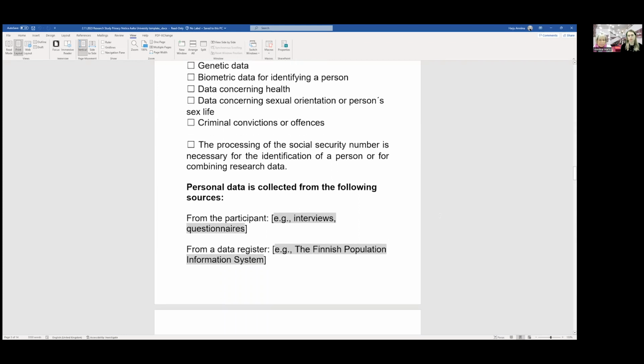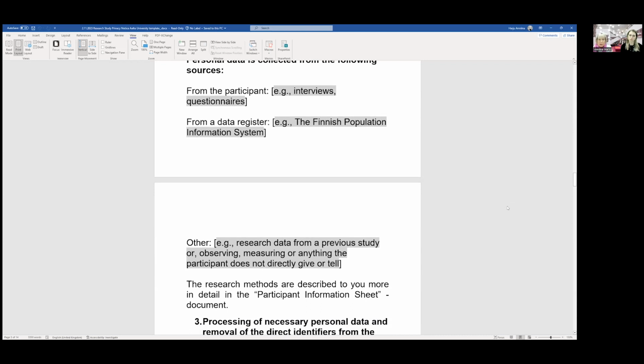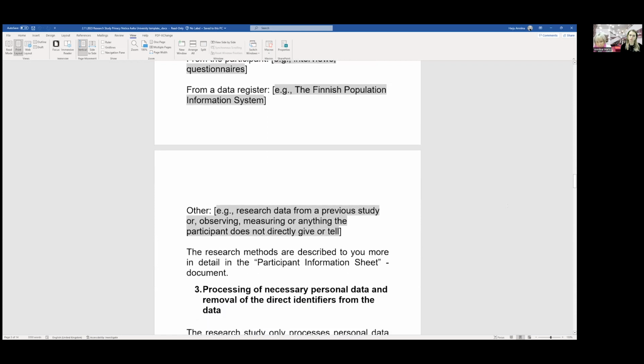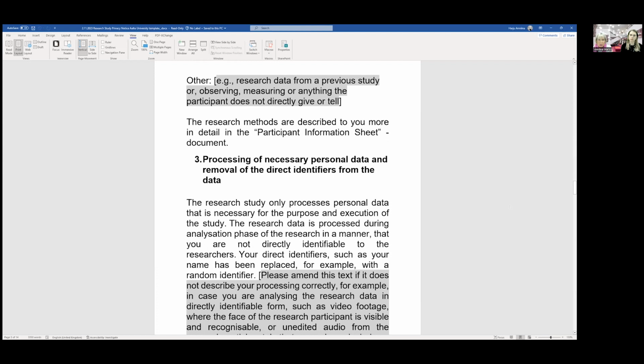And then where is the data collected from? Usually the main source is the participants. That's why the participants are there. So interviews, questionnaires, workshops, and then there can be data registers, for example, the Finnish Population Information System, and other research data from previous studies, and so on.